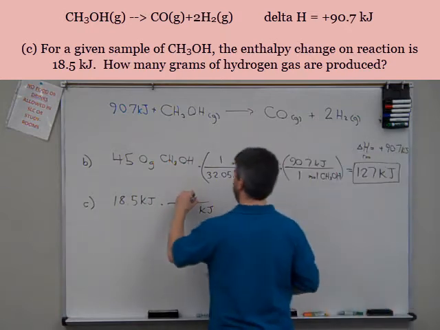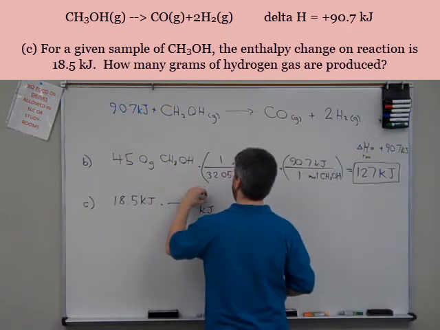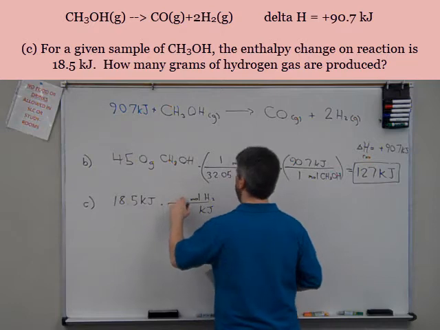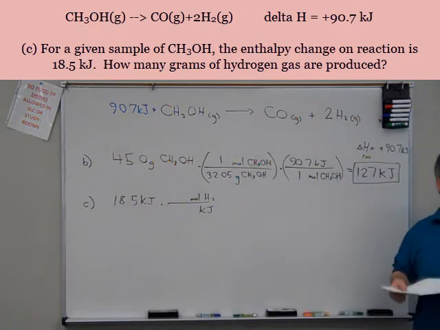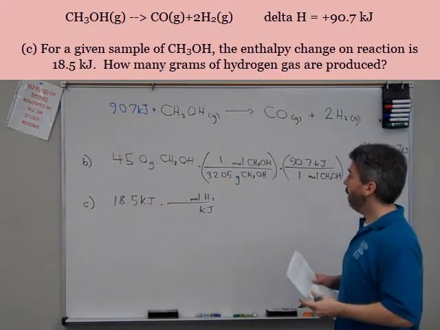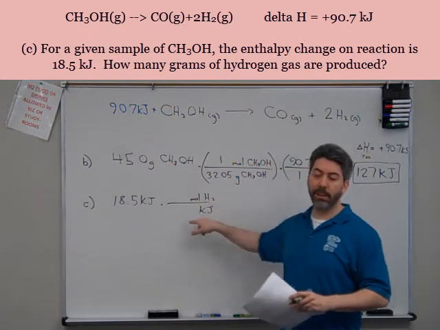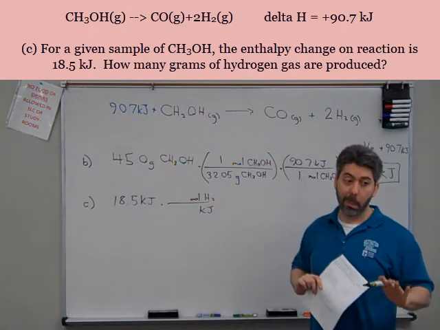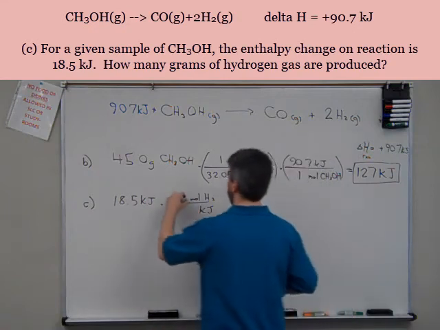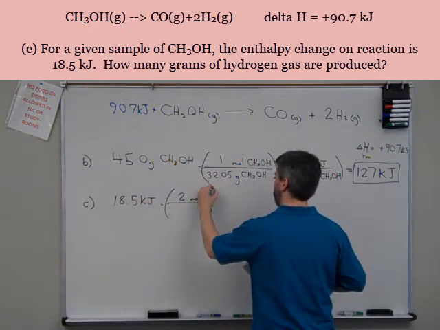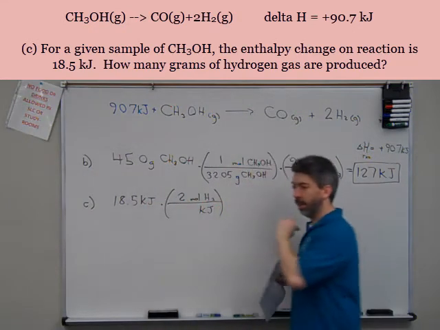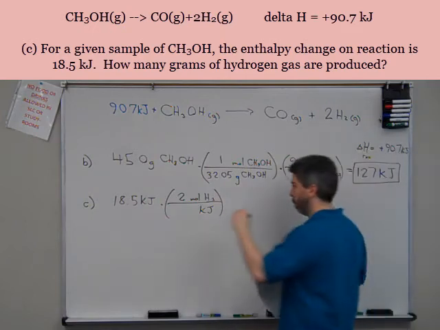What unit's going to go on top? Moles of what? Hydrogen gas. I'm interested in hydrogen gas, right? That's what I'm trying to find. I'm trying to find the grams of hydrogen. Now, how many moles of hydrogen corresponds to how many kilojoules? 2 moles of hydrogen, very good. And how many kilojoules does that correspond to? 90.7.